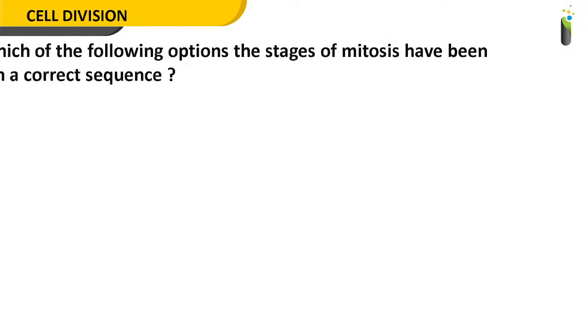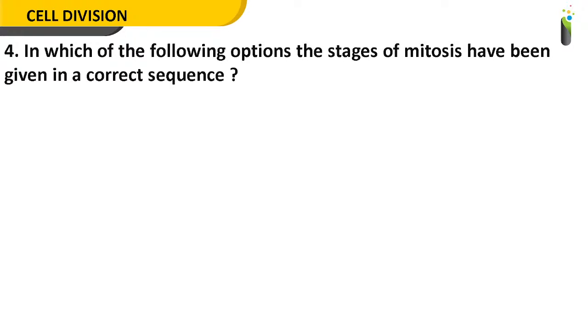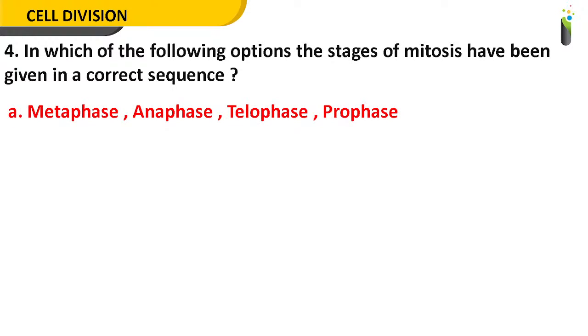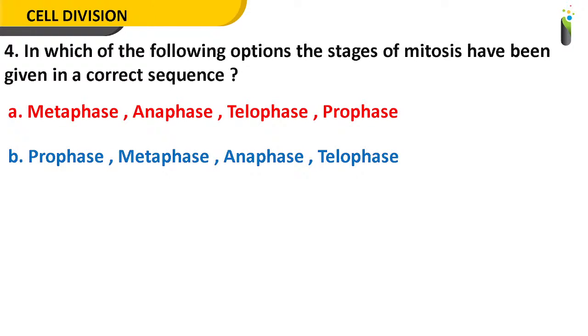Coming to question number four, in which of the following options the stages of mitosis have been given in a correct sequence? A. Metaphase, anaphase, telophase, prophase. B. Prophase, metaphase, anaphase, telophase.